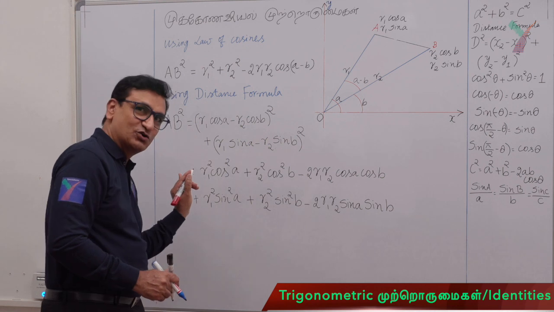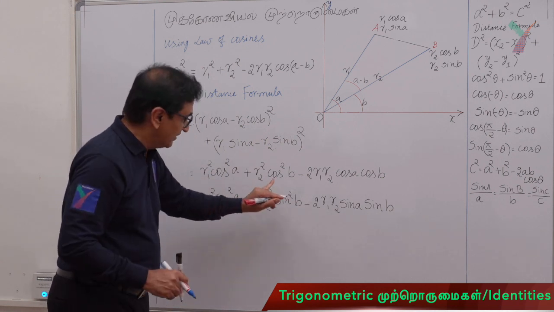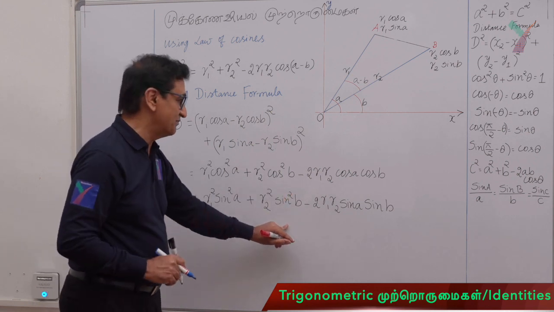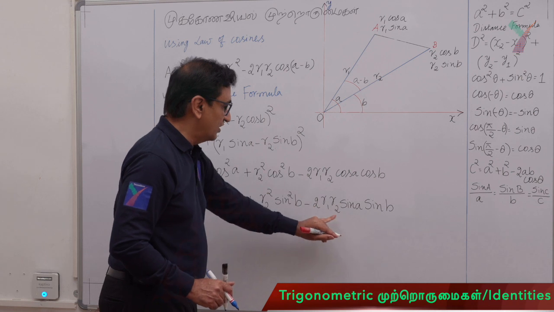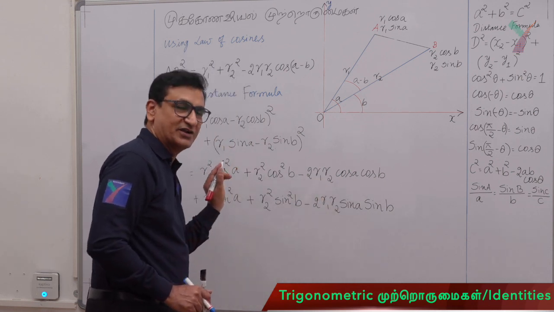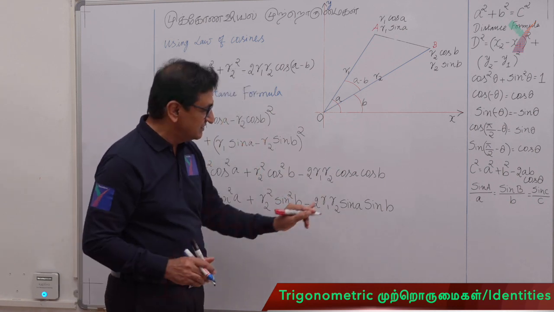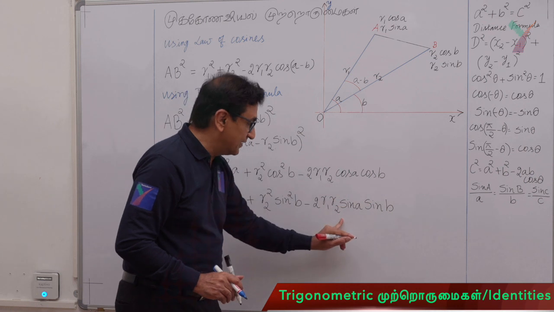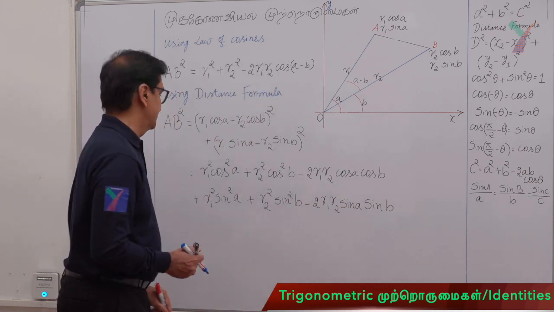So இதுல நம்ம r2 square ஃபேக்டர் பண்ணிட்டோம்னா r2 square multiplied by cos square b plus sin square b. Again இந்த எக்ஸ்பிரஷன் போடுவோம். 2r1 r2. So இந்த ரெண்டு எக்ஸ்பிரஷன்ல இருந்து -2r1 r2 ஃபேக்டர் பண்ணிட்டோம்னா cos a cos b plus sin a sin b. கரெக்ட்டா? அதை நான் சிம்பிளிஃபை பண்ணி எழுதுறேன் பாருங்க.